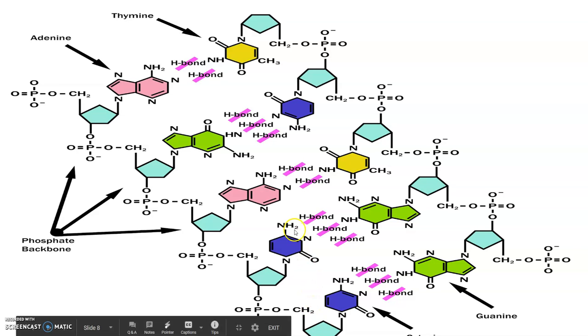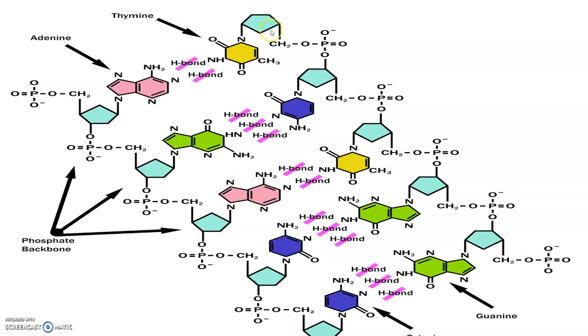Similarly, at the other end of the polymer, the ribose has a free 3'-OH, the 3' end of the polynucleotide. The backbone in a polynucleotide chain is formed due to sugar and phosphate.